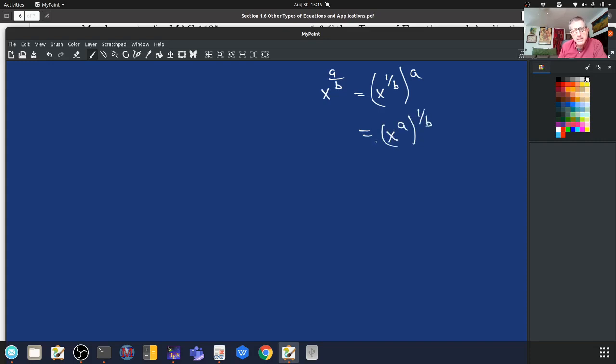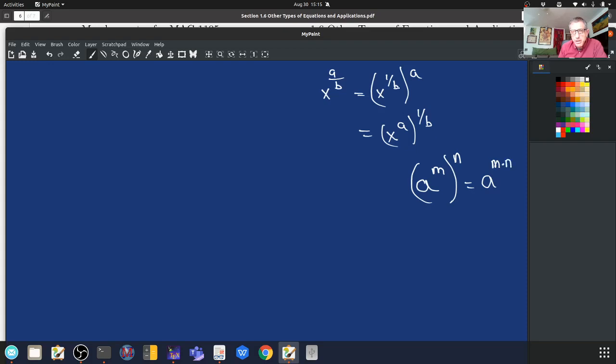Why is that? Because we have the power product rule of exponentiation: a raised to the m power, raised to the n power, is equal to a raised to the m times n.